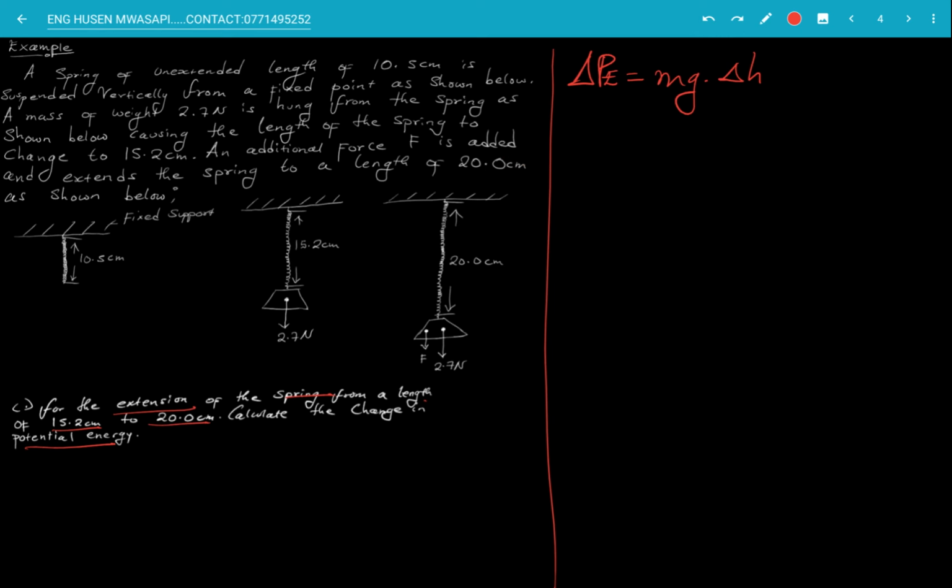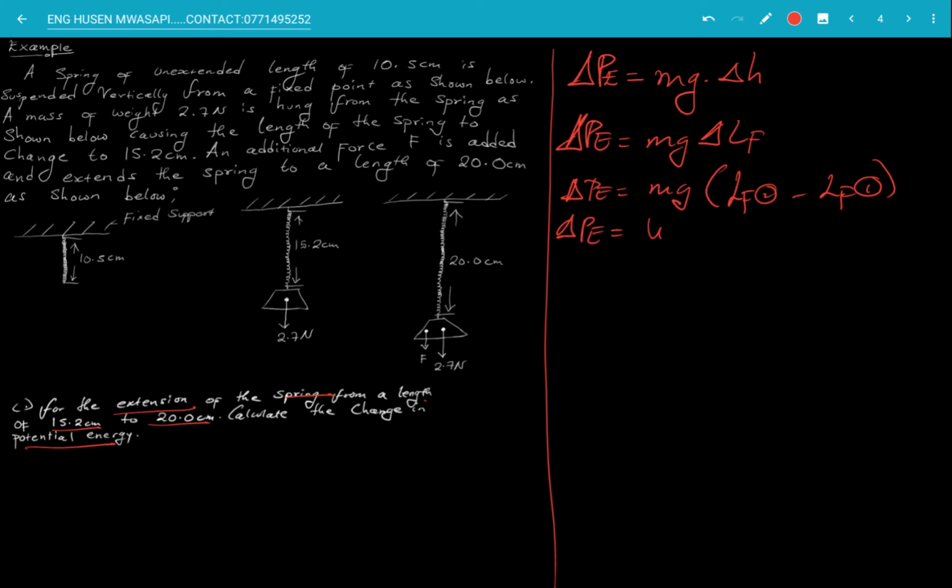Because we're trying to consider the potential energy here compared to the potential energy there. So what is the difference in this potential energy to that potential energy? So the change in potential energy is equal to mg times the change in length final. So you can say, okay, change in potential energy is equal to mg times length final 2 minus length final 1.